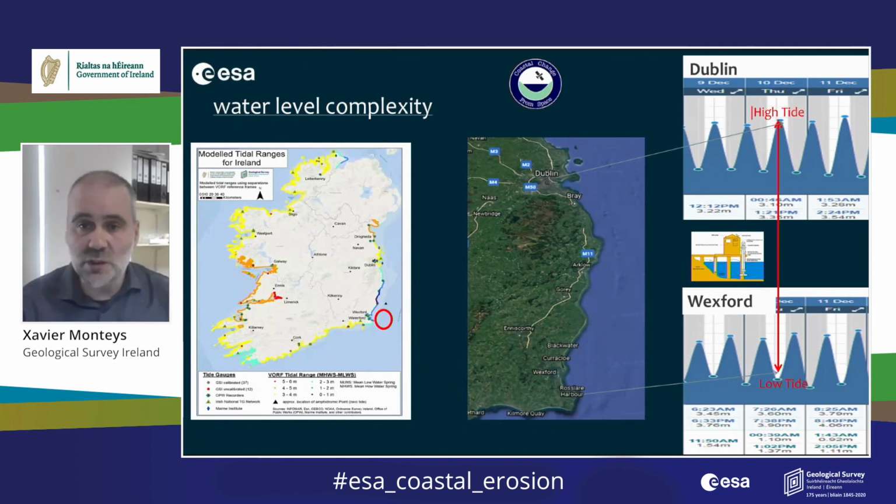Here I want to briefly illustrate the complexity of the water levels in Ireland, with similarities in other parts of the world. The temporal paradox. At exactly the same time that the tide is low in the southeast coast, Wexford, for instance, bottom right figure, it is high in Dublin, just above.